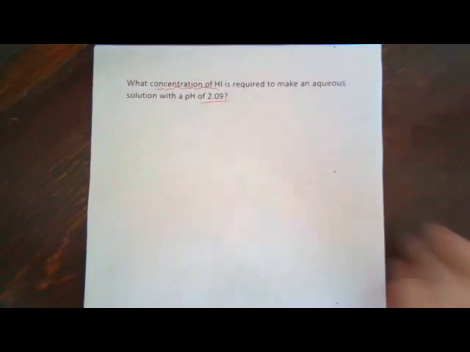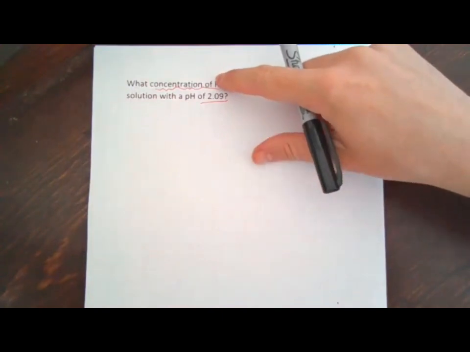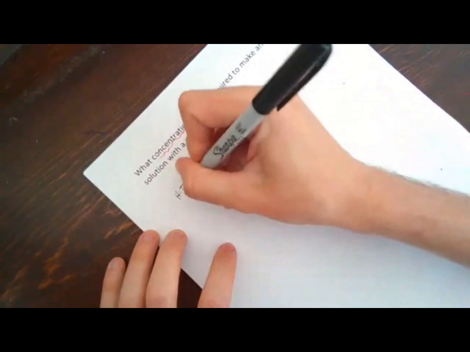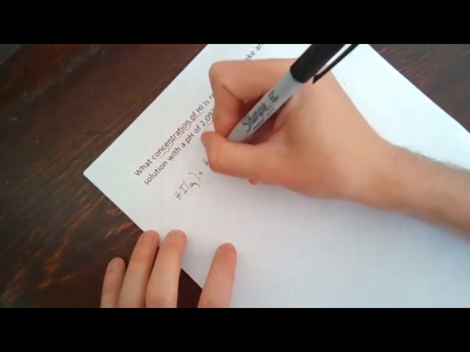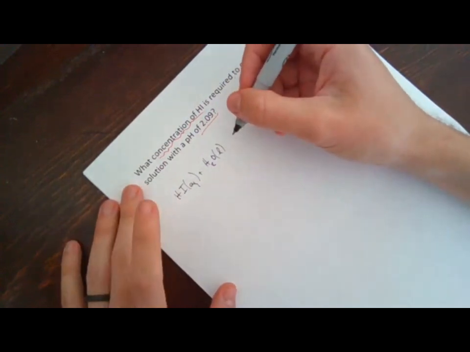And you'll note it's the same one, 2.09, that we saw previously. And so if we think about how to set this problem up, the HI changes the pH by reacting with water to produce hydroniums. So HI aqueous plus H2O liquid. But now when we think about this, we want to be careful.